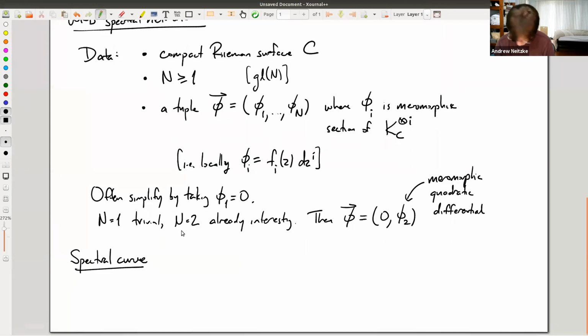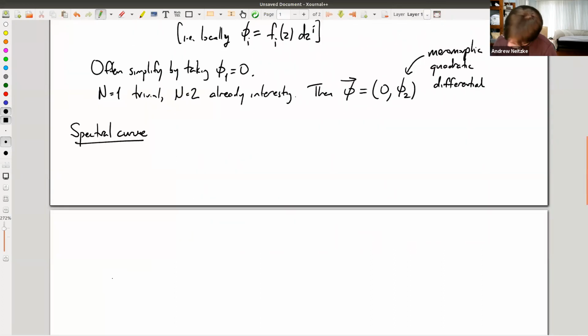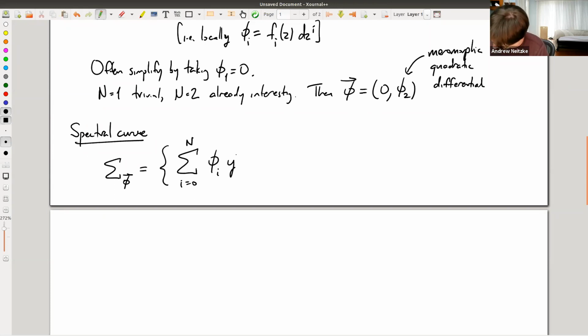So what's the spectral curve? Now I'm going to assume I've got this data, and then the spectral curve is just given by an equation. I'll write it sigma sub phi to emphasize the dependence on phi for a moment. It's given by an equation which is just the sum from i equals 0 up to n of phi_i y to the n minus i equals 0.